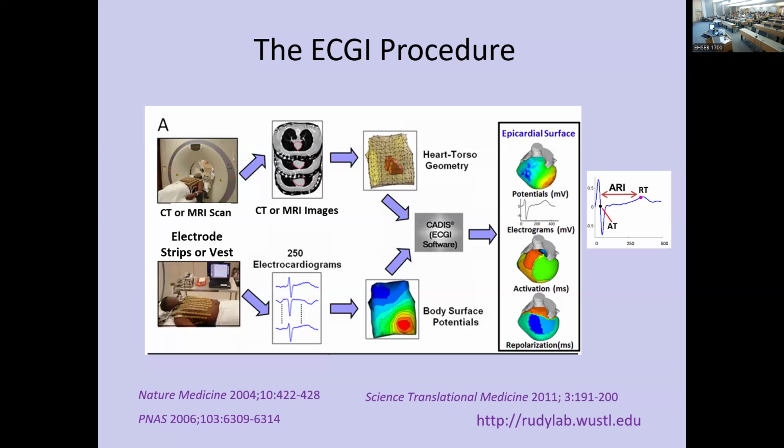And if you pass a line at one point in time, it will give you the potential distribution on the body surface at that instant of time.